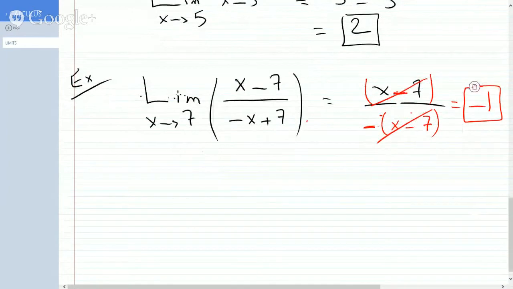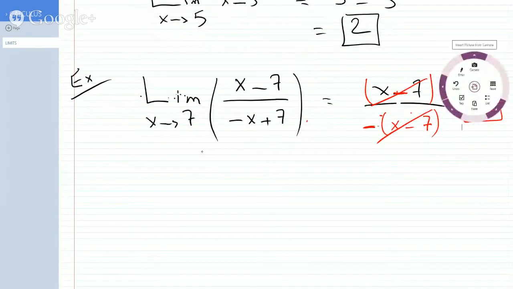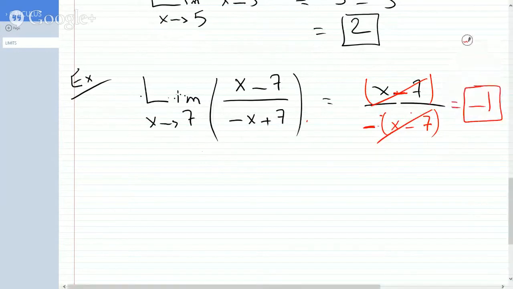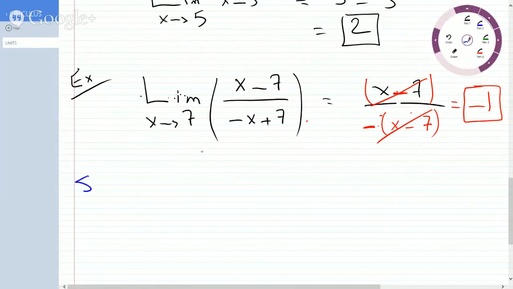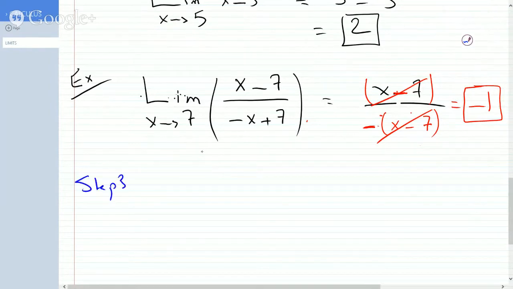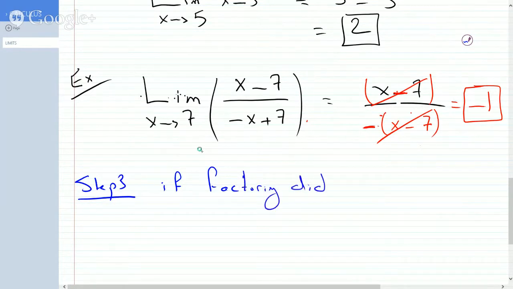Let's now go to strategy 3 or step 3. If step 2 didn't work, if factoring didn't work, take the sided limits.